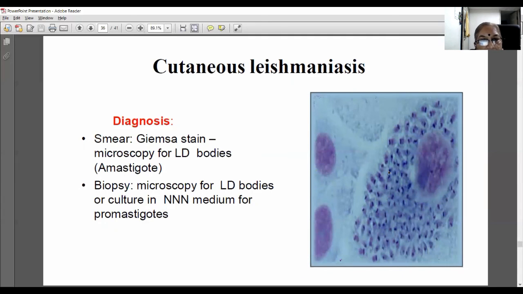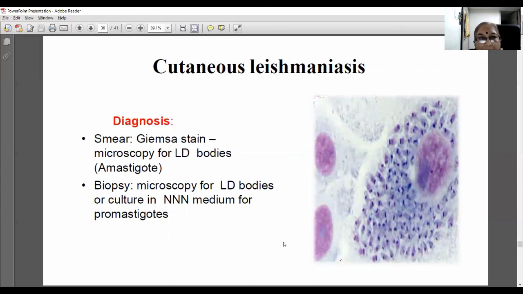The biopsy of this, if you see, you take out the tissue, stain it, and culture it in the medium. For promastigote forms, you are going to find them.